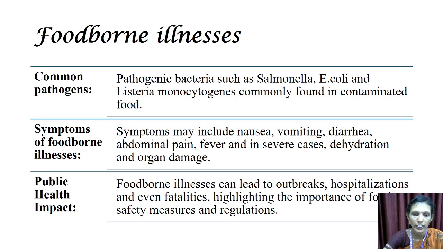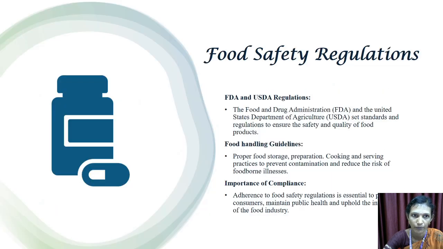They can contaminate the food and lead to gastrointestinal symptoms in individuals. These illnesses have significant public health implications, ranging from localized outbreaks to widespread contamination incidents, underscoring the critical need for stringent food safety practices and regulations.